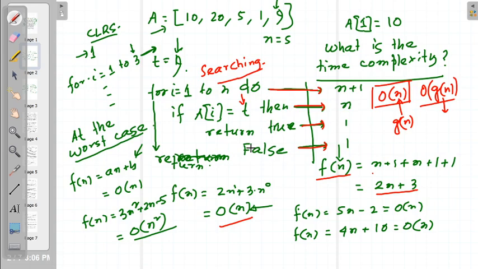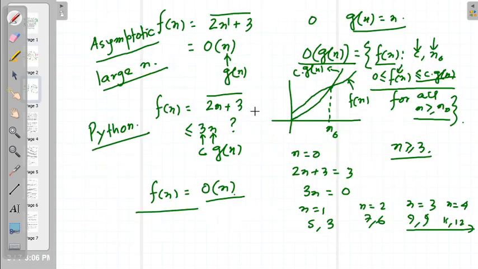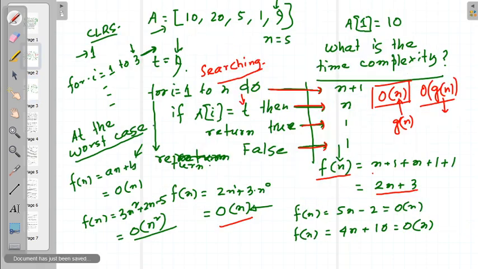But in general, whenever we analyze any algorithm, we do not need any kind of detailed analysis like this.